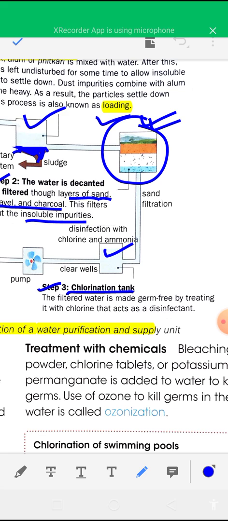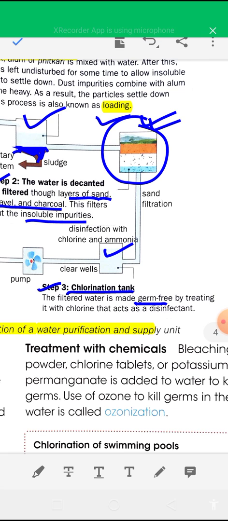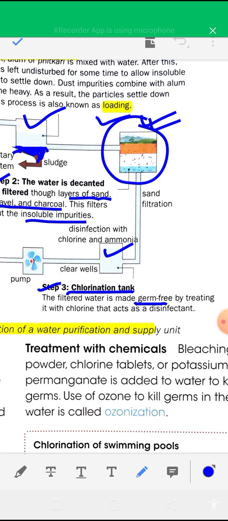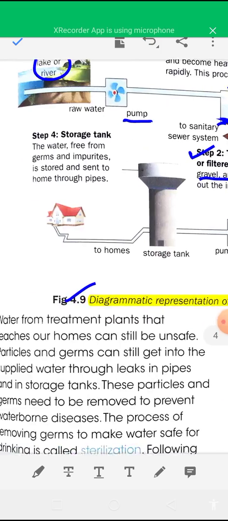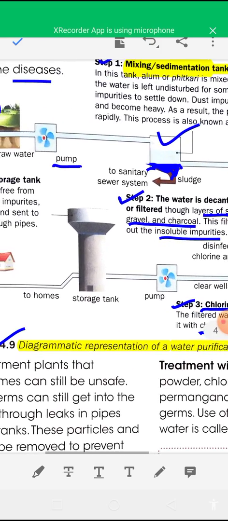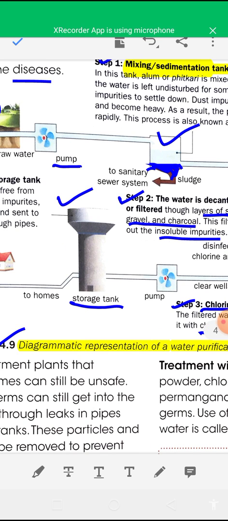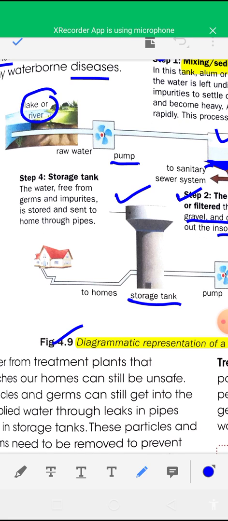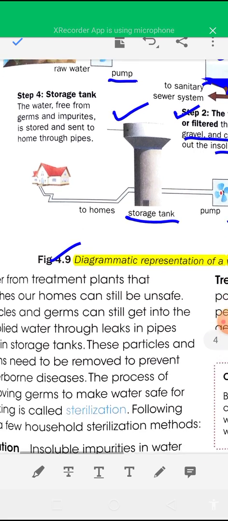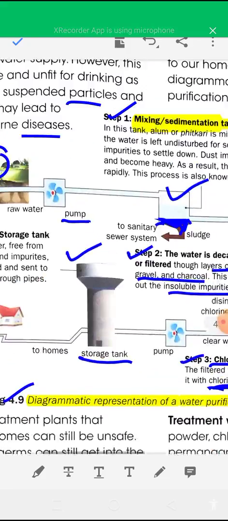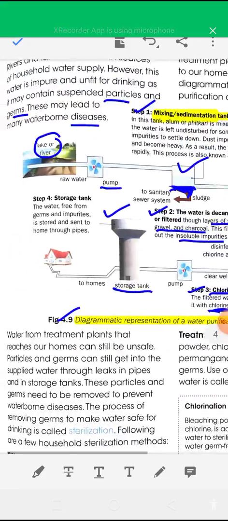In this tank, the water becomes germ free, and you add chlorine to kill the germs. Then the water is stored in the storage tank, and from this storage tank you can supply water to your home. This entire process is known as water purification.